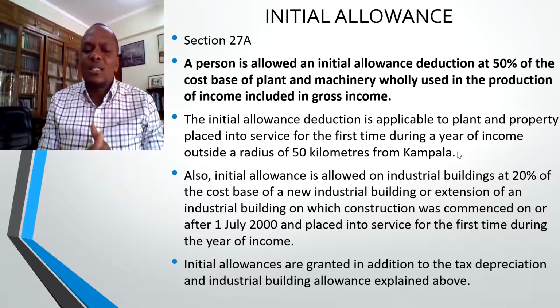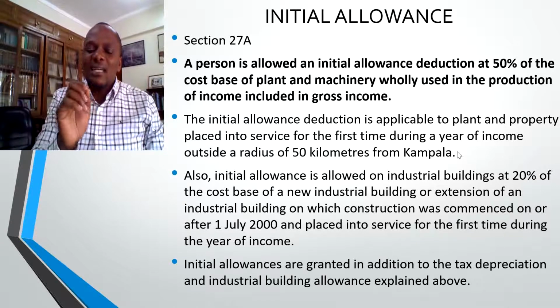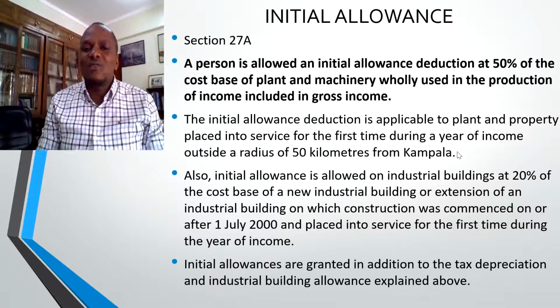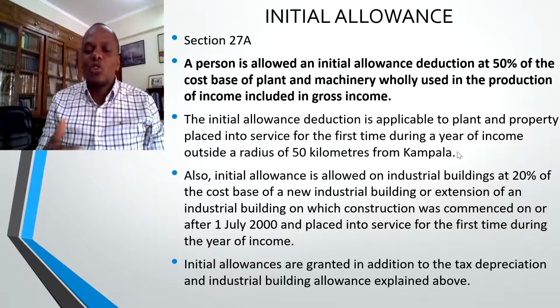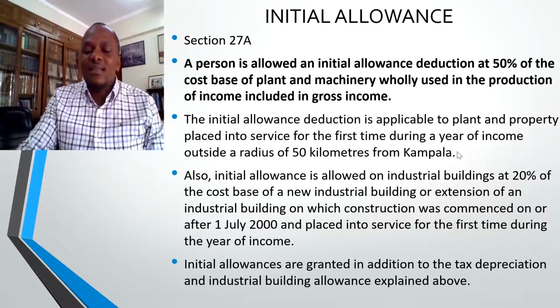So initial allowances are granted in addition to the tax depreciation and industrial building allowance, which we've already looked at and explained above. So you see, those are tax incentives put in place by the taxman to encourage industrialization and investment within the country.